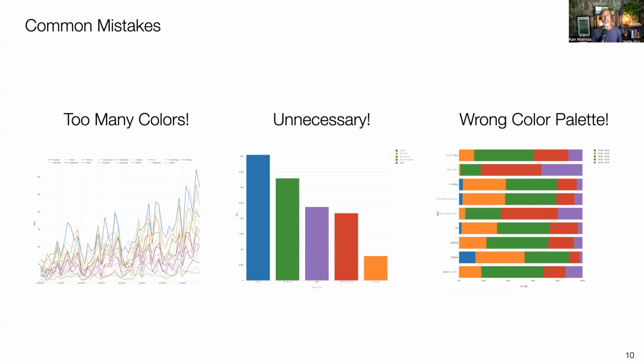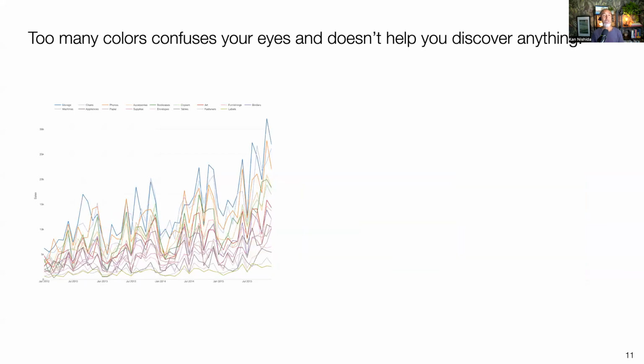Okay, so number three is a wrong color palette. There are a bunch of color palettes I'm going to explain in a minute. But because the wrong color palette is assigned, you're not really getting important information out of the chart. For example, with too many colors, when you look at a chart like this, there's a lot going on, too much noise, but you're not really discovering any useful insights or patterns, right?